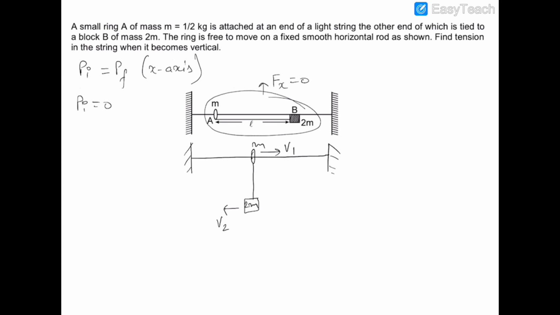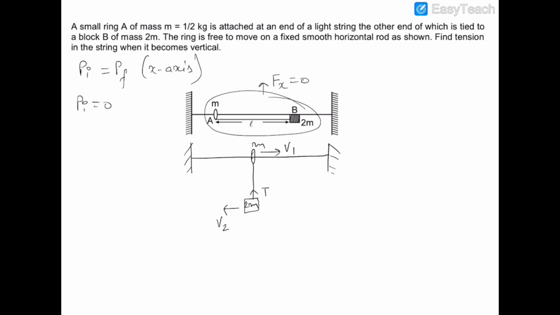The block will not move in the y direction because this string is taut and there is some tension in the string. So this tension will not allow the block to move downwards. So the only velocity which this block will have would be the velocity in x-axis, and the ring will be moving in the forward direction with velocity v1.